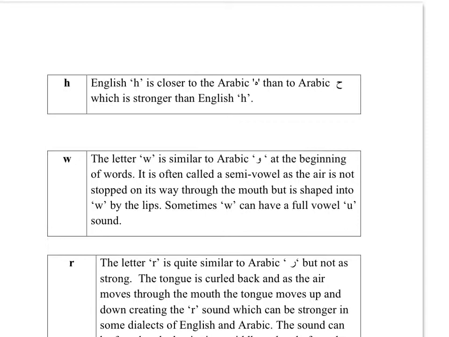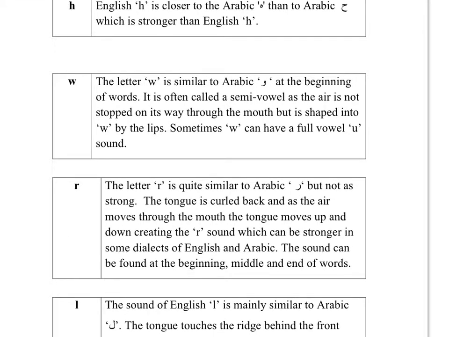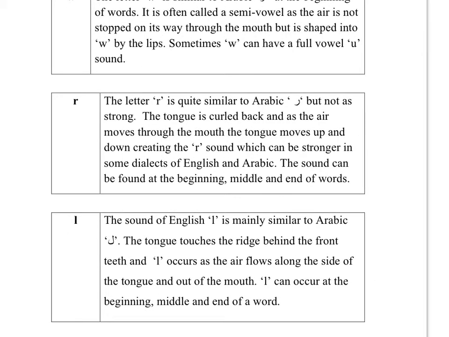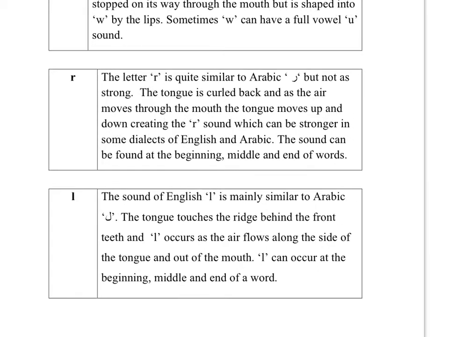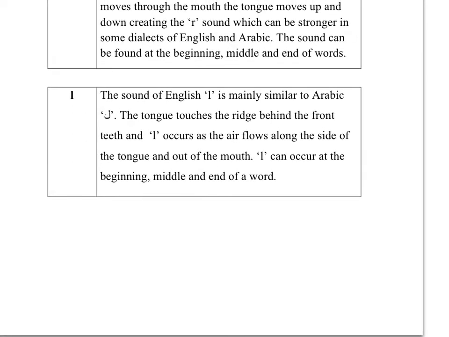And for us English speakers, this strong ha in Arabic is problematic. The letter W is similar to the Arabic wa at the beginning of words. And the R is quite similar to Arabic ra, but may not be as strong. Similarly, L is similar to lam, and this L can occur at the beginning, middle, and end of a word.